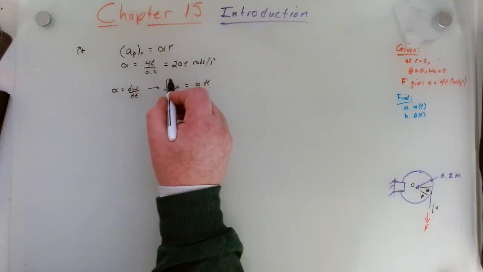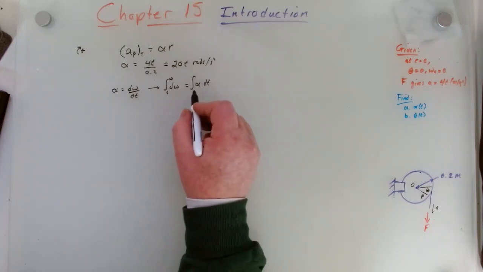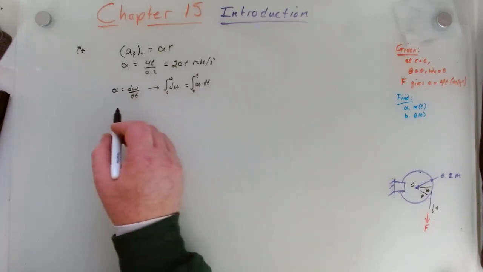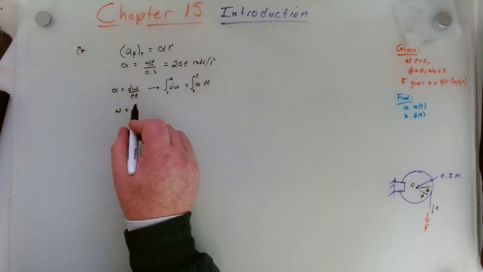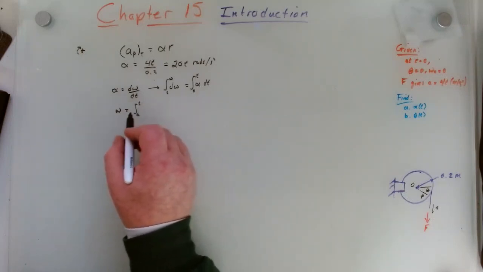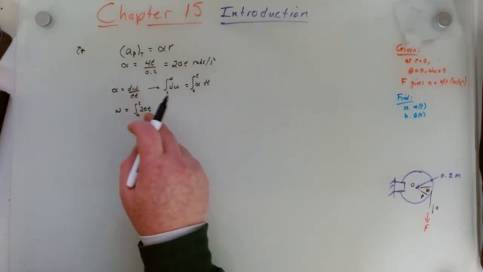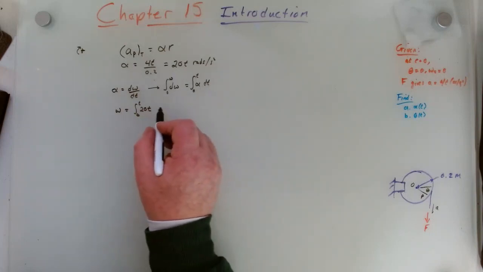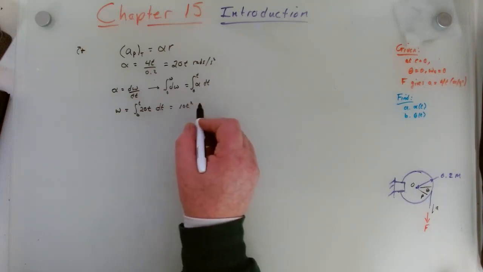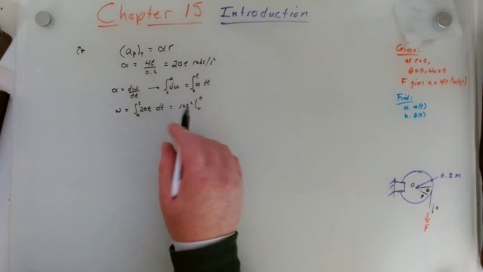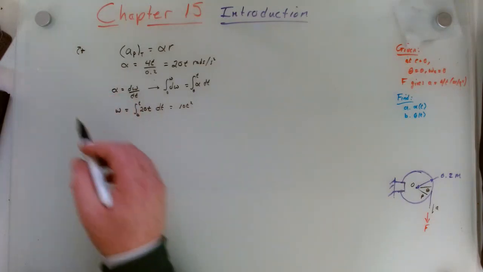Save ourselves a couple of lines here. And from here, we're going to integrate from 0 to t, and so what do we get? We get omega is equal to the integral from 0 to t of 20t dt. So when we integrate that, it's 10t squared from 0 to t, so 10t squared, right?